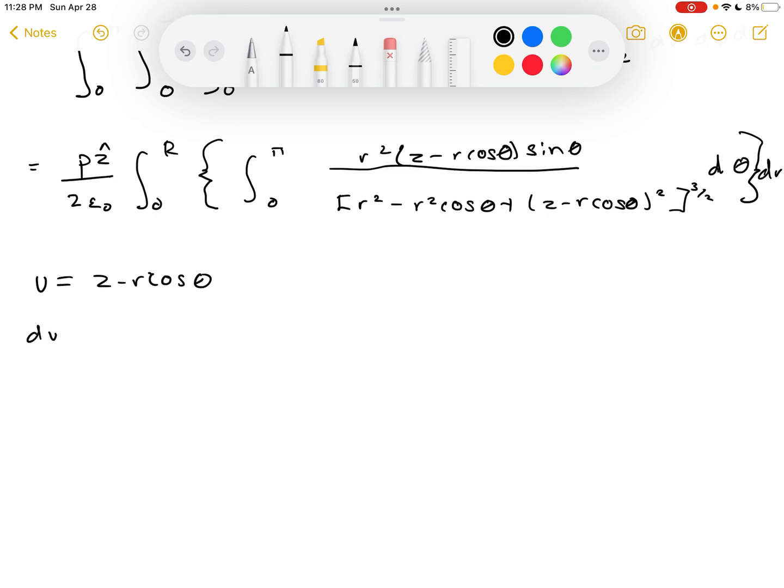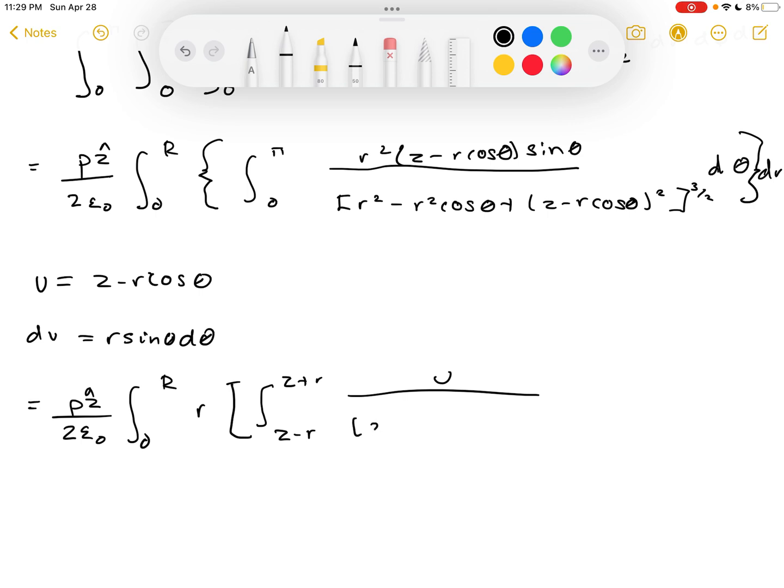So du will be r sine theta d theta. And from that we get rho z hat over 2 epsilon naught, integral from 0 to R, integral from z minus r to z plus r of u over (2zu plus r squared minus z squared) to the 3/2, du dr.